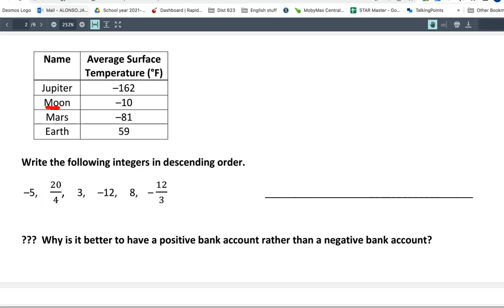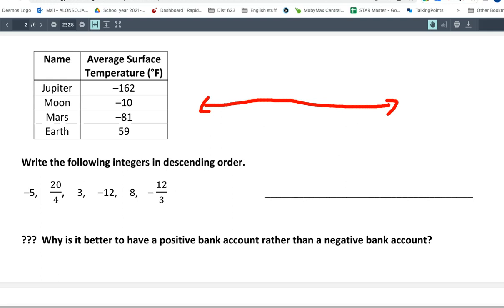For Mars, I want you to just write M. For Earth, I want you to just write E. So you are going to draw a number line. Is this going to make a straight line? Nope, it's not going to make a straight line. I thought it would, like in Notability. But, well, you guys know what I mean. A straight line, like that.